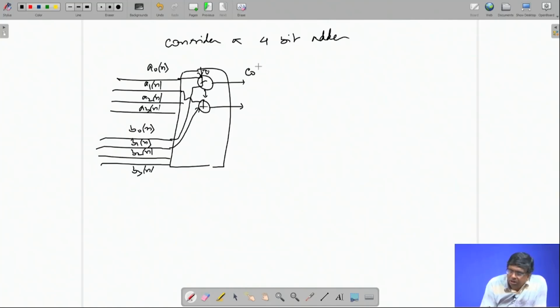Okay. So, this will be C0n, C1n, again use another full adder, this is a carry going in, C2n and one more full adder.